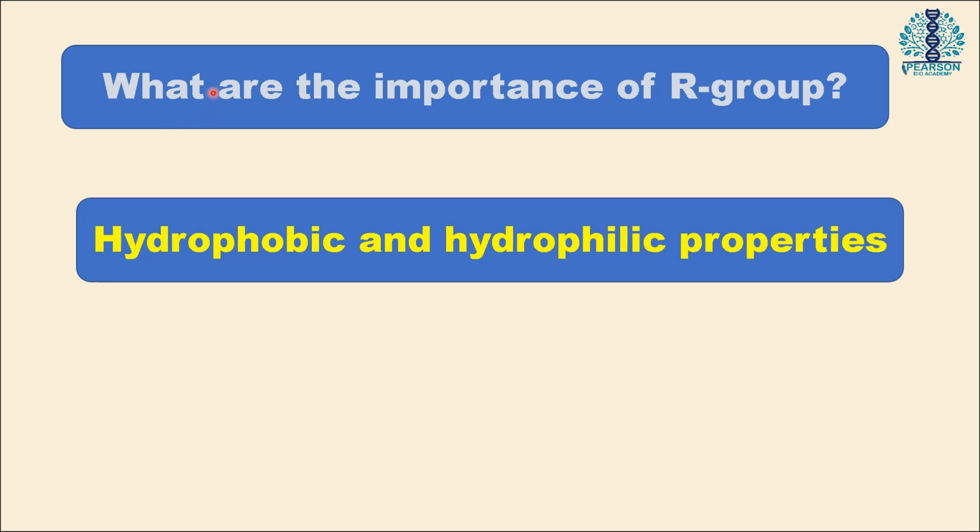Now let's address this question: what is the importance of R groups? The very first point is that R groups determine whether an amino acid is hydrophobic or hydrophilic. And this property directly influences how amino acids interact with each other and their surroundings, which ultimately affects the folding and overall structure of proteins.